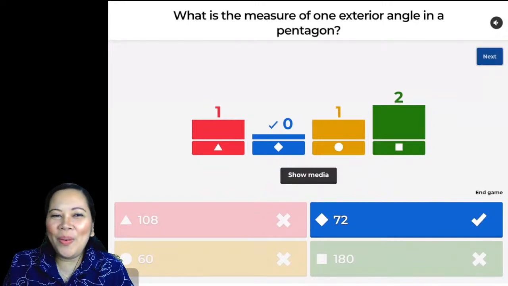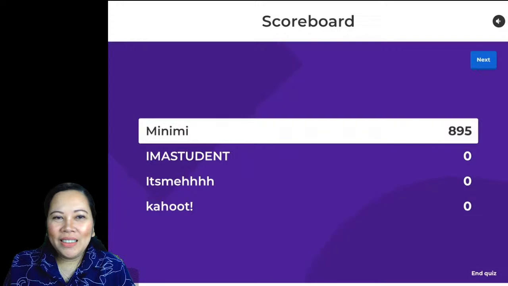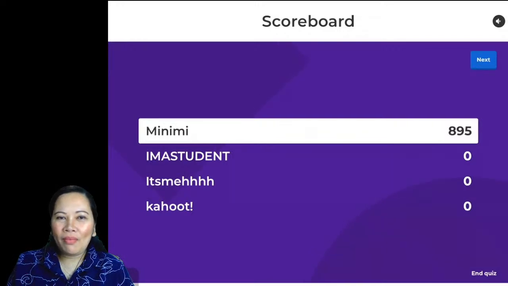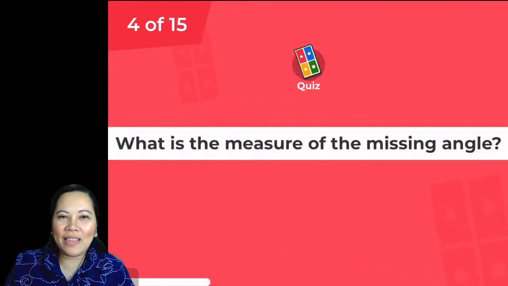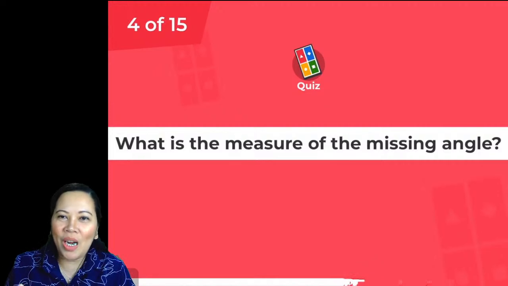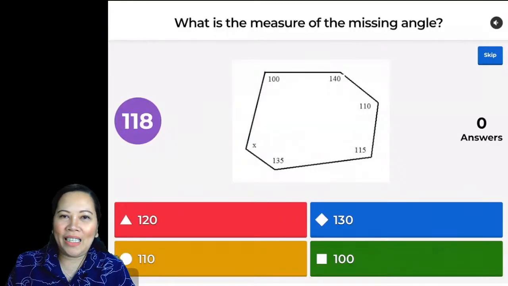Oh no. Mini-Me is still on the scoreboard. The rest is not even answering. What is the measure of the missing angle?